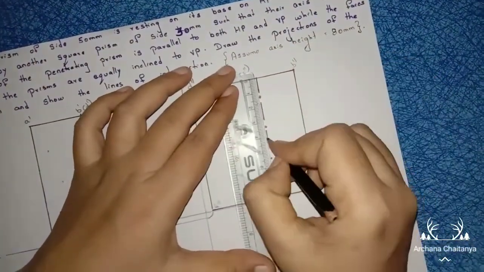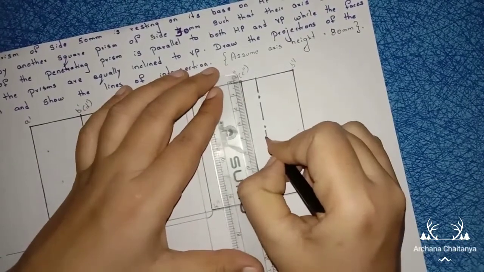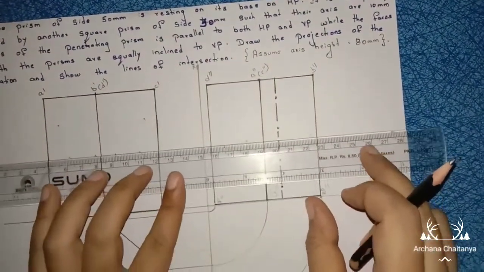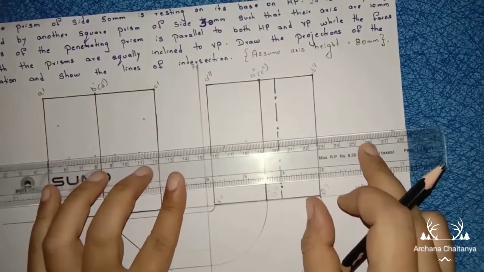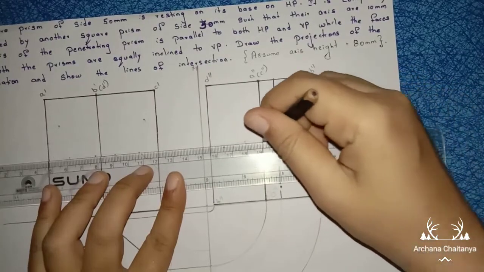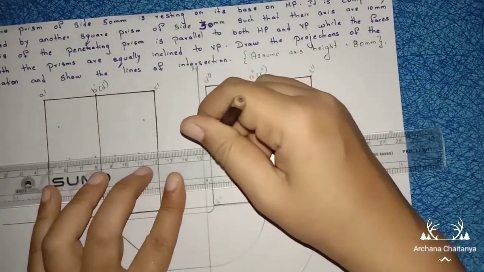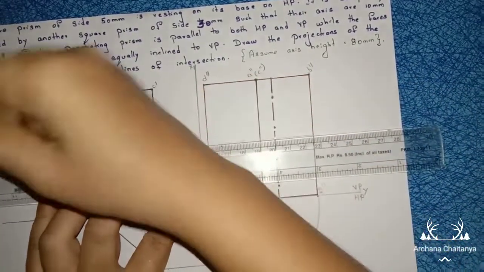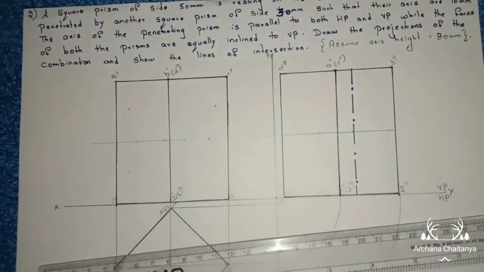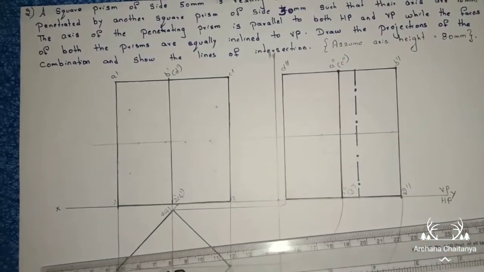So first mark the midpoint 40 mm. Now through that 40 mm just draw a line of any length. Now you see here through this midpoint I have constructed the horizontal line of any length.